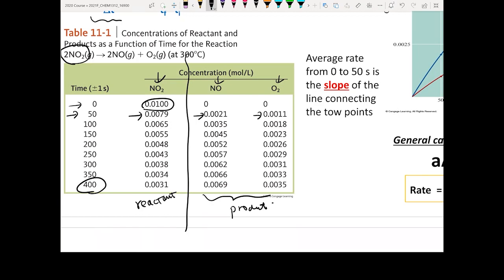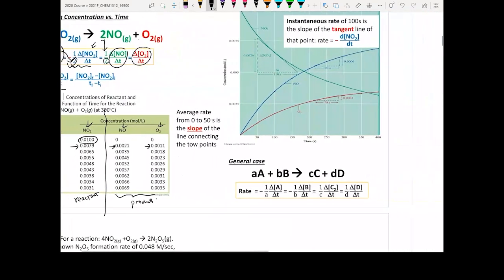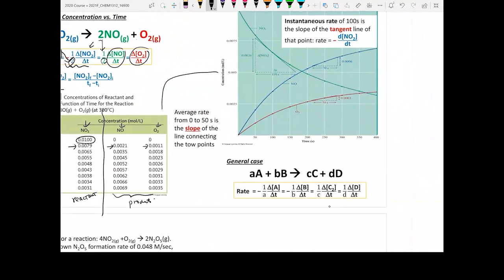Once you are done with this, the next thing you do is use Excel to plot out those data points. NO2 is our reactant, right? If you plot out the dots, they will appear here, here, here, here, here, here, and here. So you get these discrete data points from your measurement.